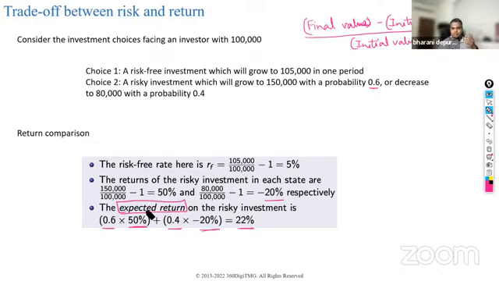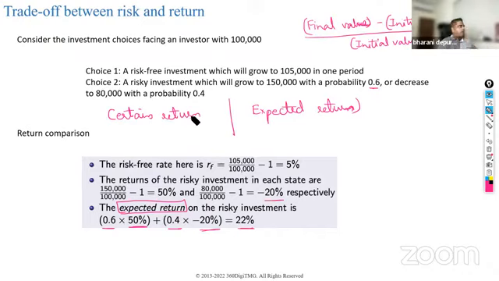Expected return, friends. There are two things, my dear friends. There is something called a certain return, and there is something else called expected return. Certain means 100% I'll get it.